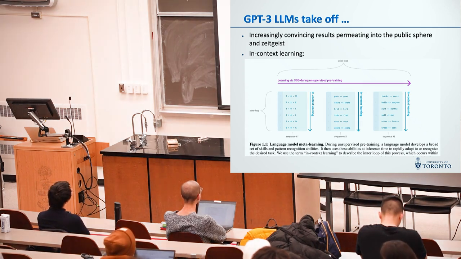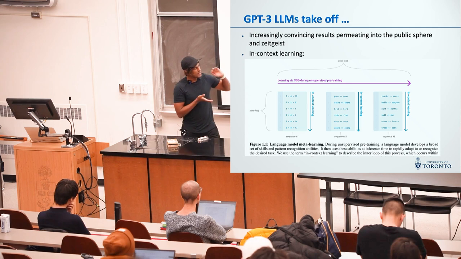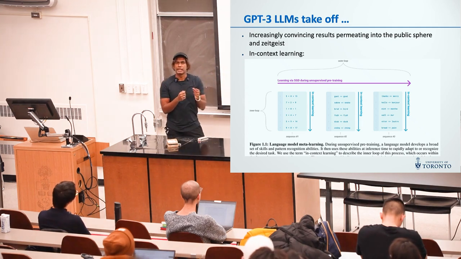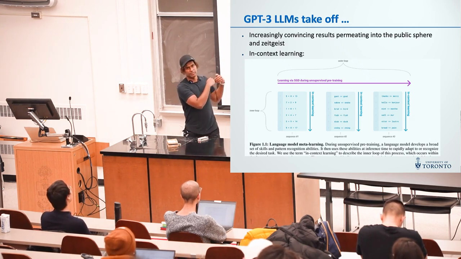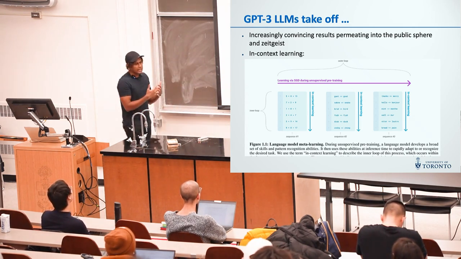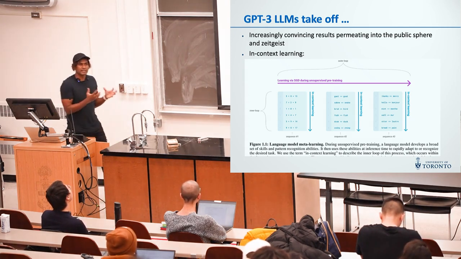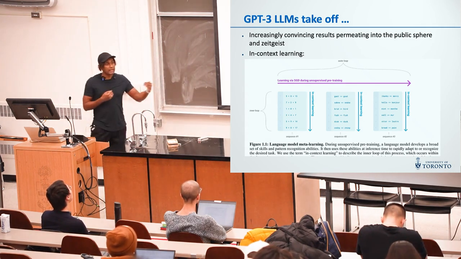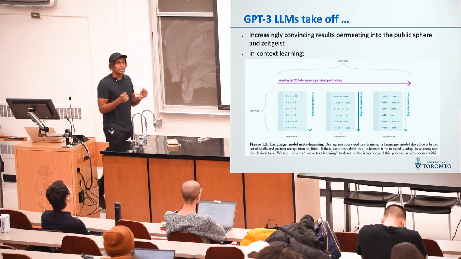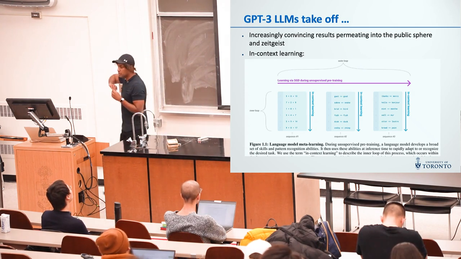You're feeding in some examples like thanks to merci, hello to bonjour, some examples of English to French translation, and from this context, it learns that if I'm fed another English word, I want to output what I've seen before in the context. GPT-3 was a canonical example of a language model that started showing these trends, right? At that time, it was 175 billion, and from our previous context, T5 was 11 billion, so going to 175 billion was a huge jump.